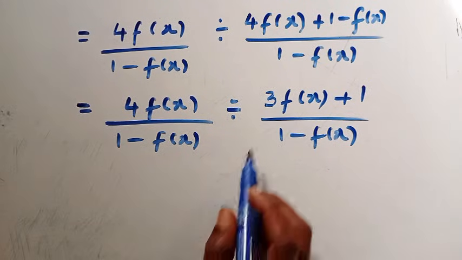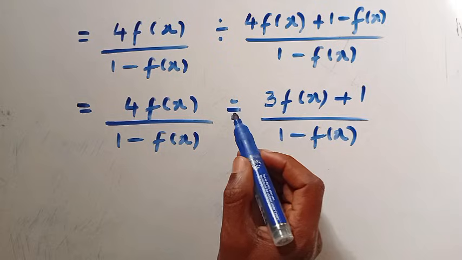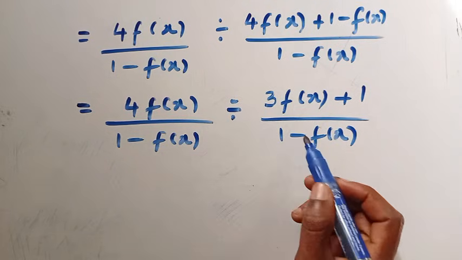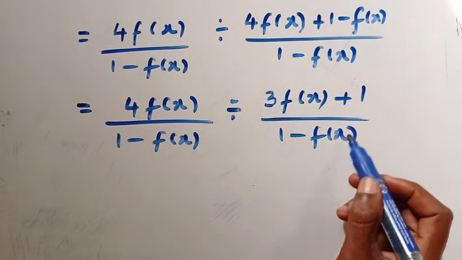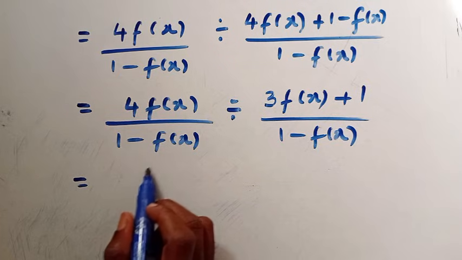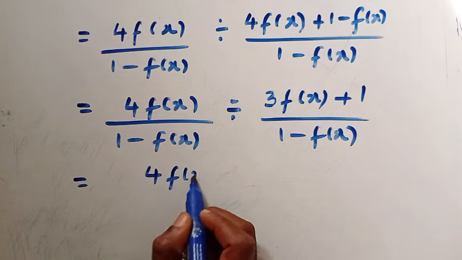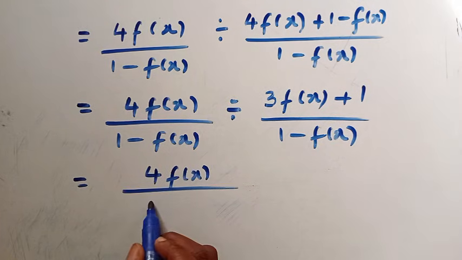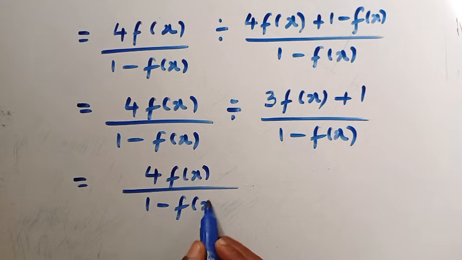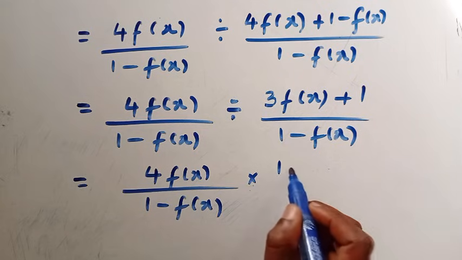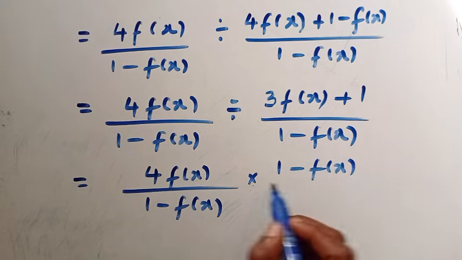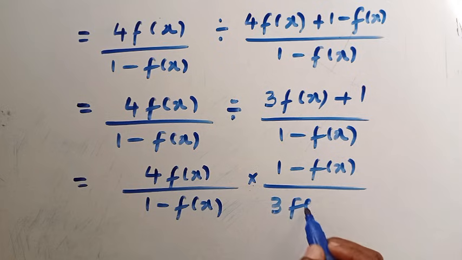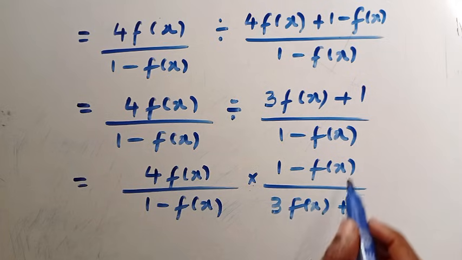Next, we do the flipping by changing this to multiplication and moving 1 minus f(x) up. So this equals 4f(x) divided by 1 minus f(x), multiplied by 1 minus f(x) divided by 3f(x) plus 1.